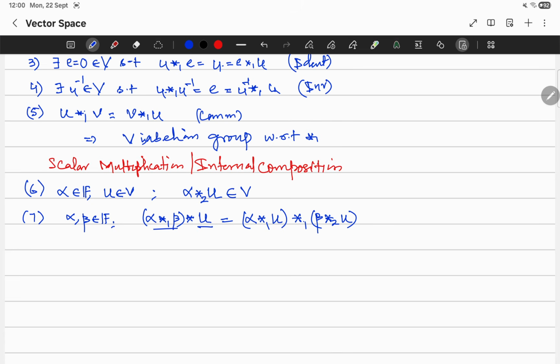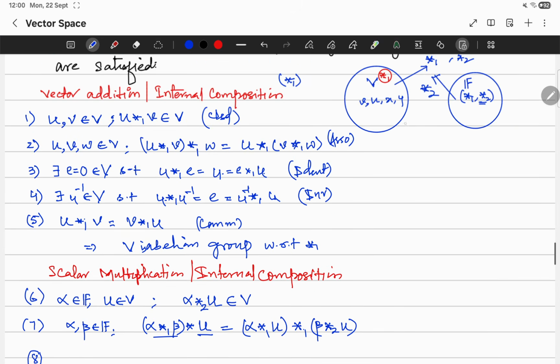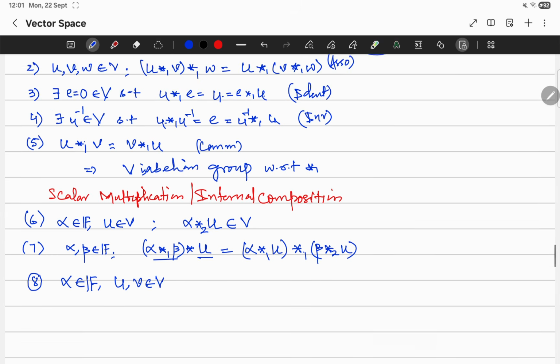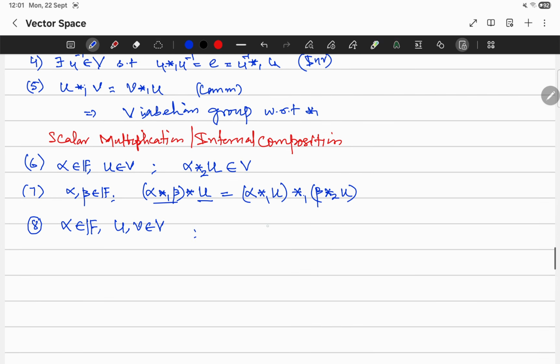Okay, eighth property, if you will take now two elements from V and one element from F, so take one element from F, two elements from the set V. You know U and V is closed under the first operation, so U star 1 V will be in V. And now alpha is external, so we will use the second operation. It should be alpha star 2 U star 1 alpha star 2 V.